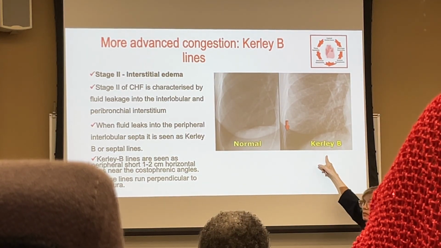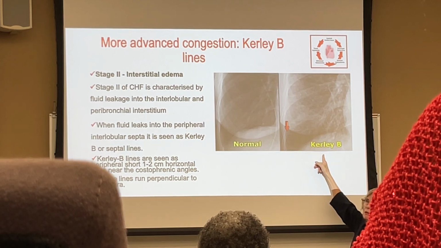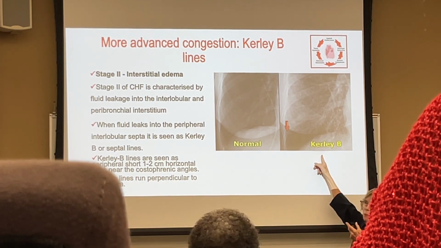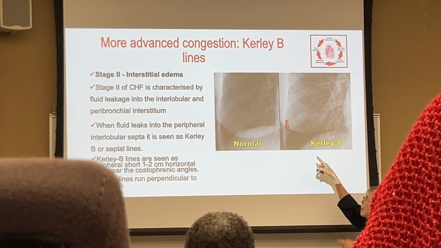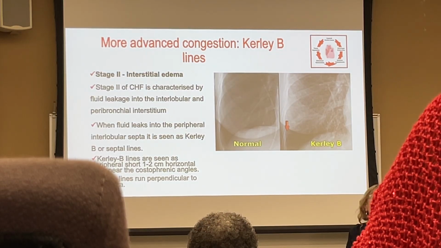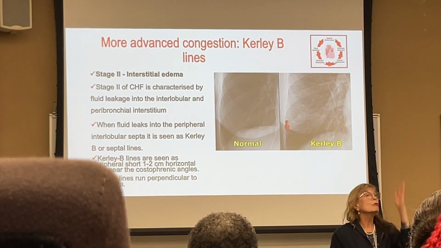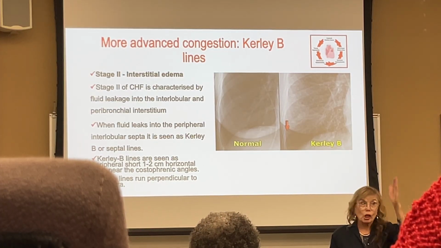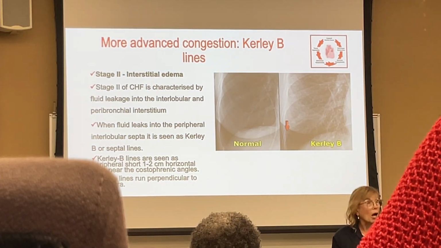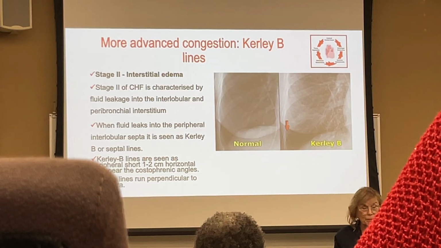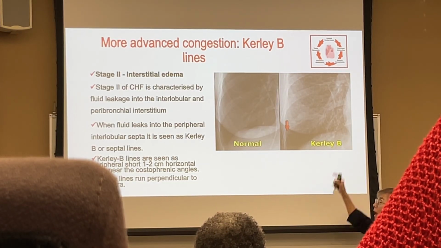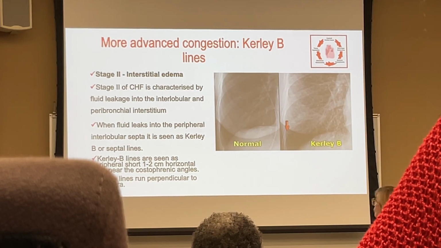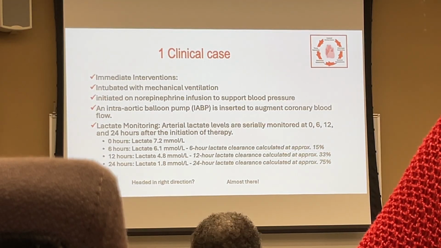Kerley is the name of the physician who identified this, because when physicians identify something, they get a name. What it is is vascular engorgement, and usually the lines are vertical to the diaphragm. Those engorgement lines are known as Kerley B lines, and they are highly indicative of heart failure.